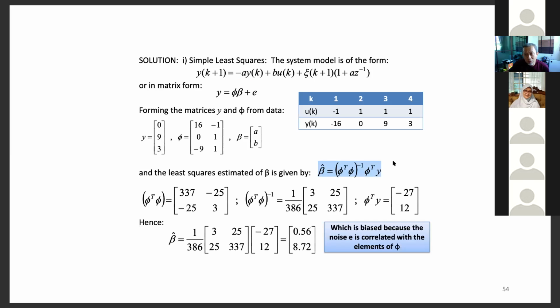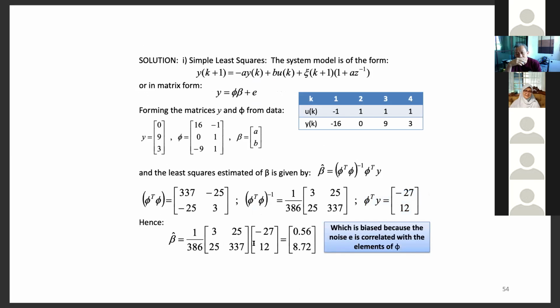Please remember this formula, as it is not given in the exams and the tests. So find theta transpose multiplied by theta, which is a 2 by 2 matrix here. Then find the adjoint and determinant so that we can calculate the inverse matrix. Then calculate the output, theta transpose y.